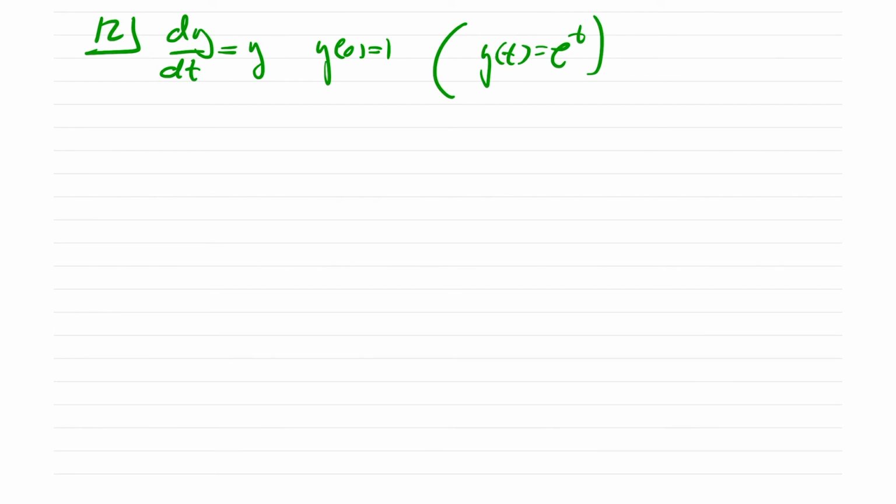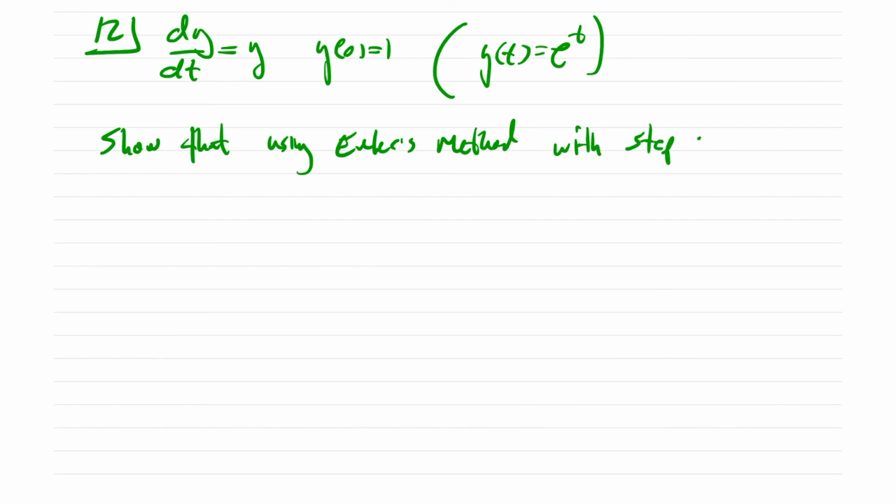And so we want to show that using Euler's method with step size 1 over n, we get this.